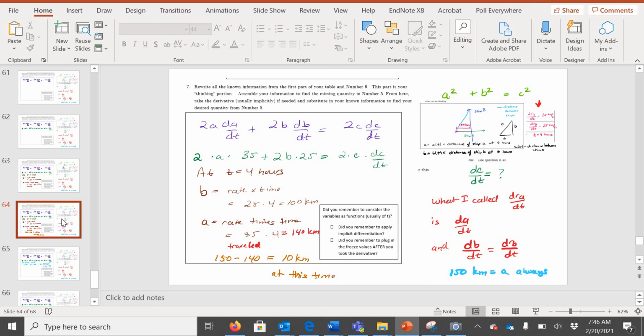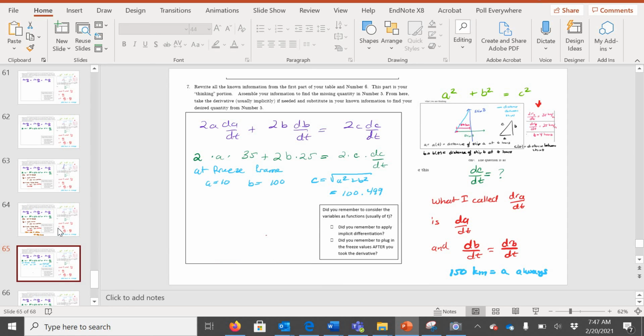That gives me this gray distance, because the green piece over here is 140. So I subtract to get the gray piece, and that's 10 kilometers at this particular time for the triangle I'm looking at. So if I plug into the Pythagorean theorem, C is equal to the square root of a squared plus b squared, I get C is approximately 100.499.